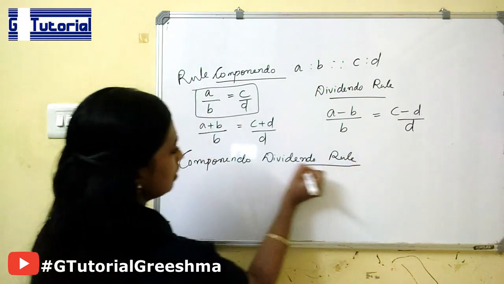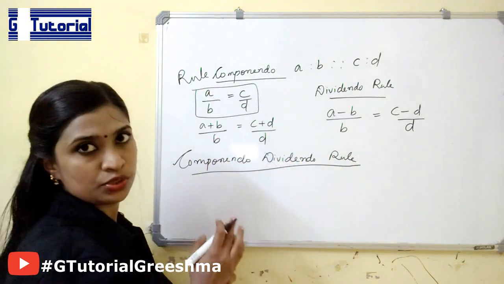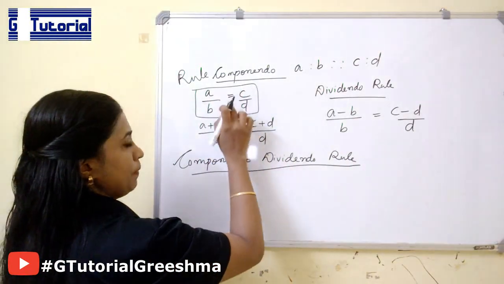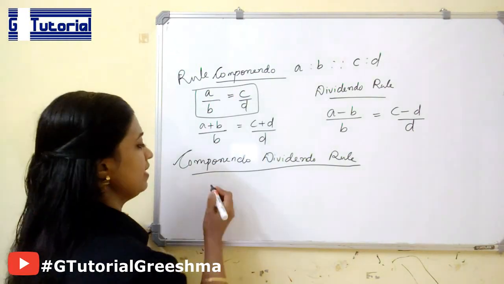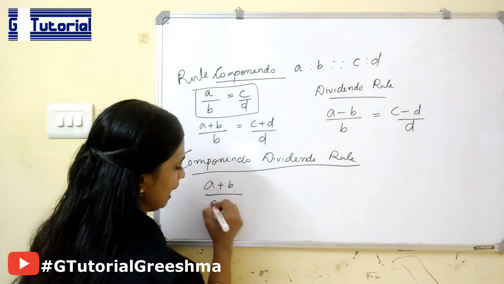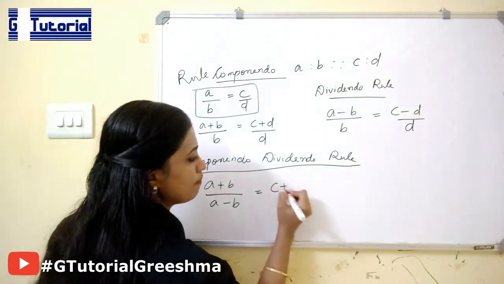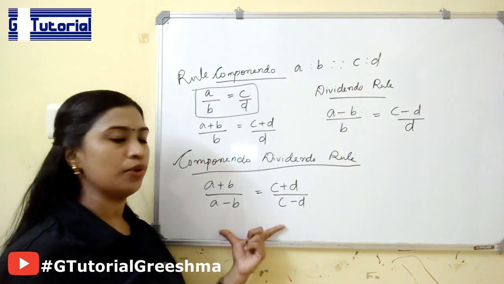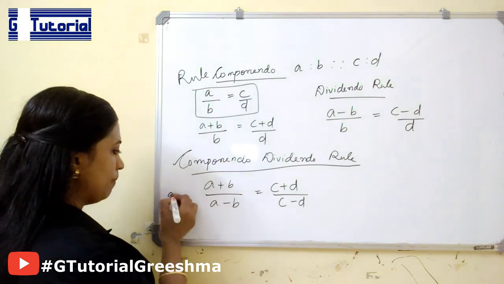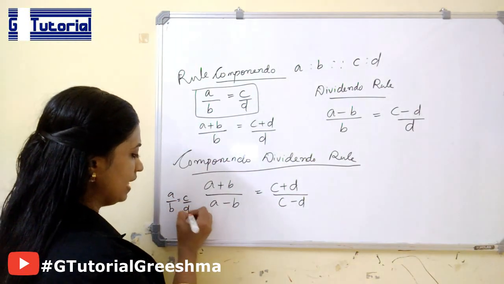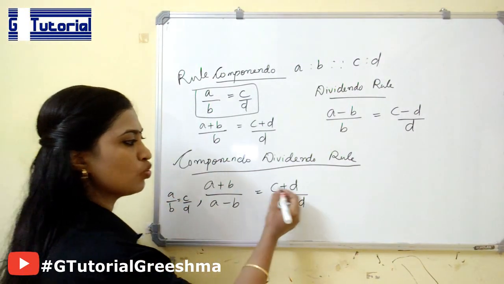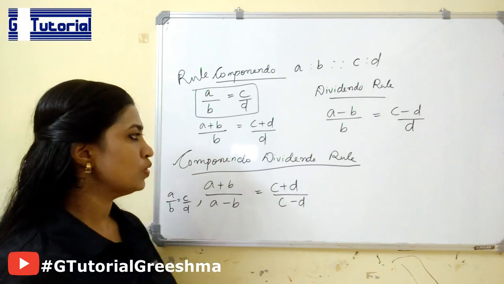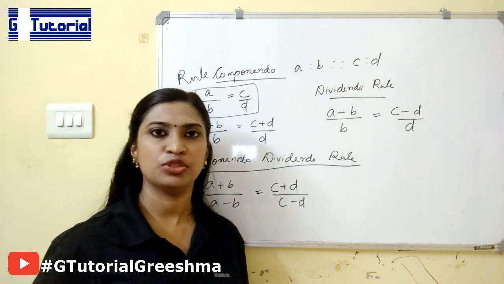If A by B forms a proportion with C by D, then A plus B by A minus B is equal to C plus D by C minus D. This is the componendo dividendo rule. If A by B is in proportion with C by D, then A plus B by A minus B is equal to C plus D by C minus D. Now we can move on to some problems from the topic ratio and proportions.